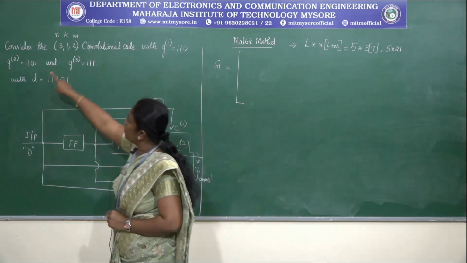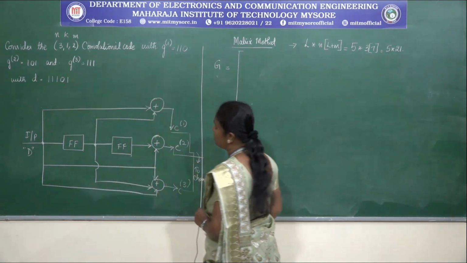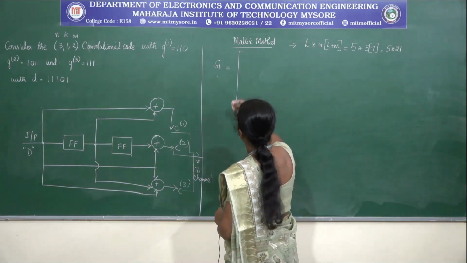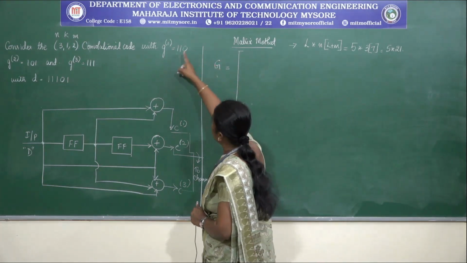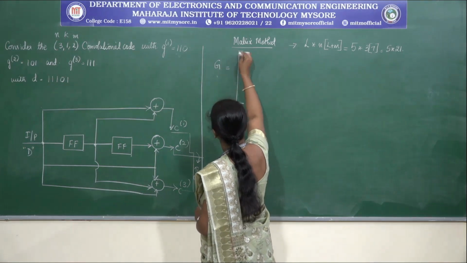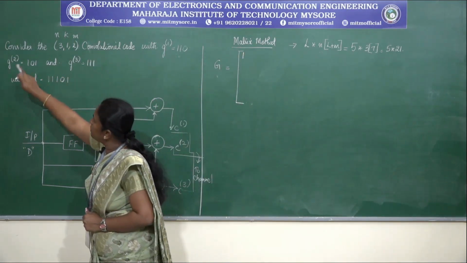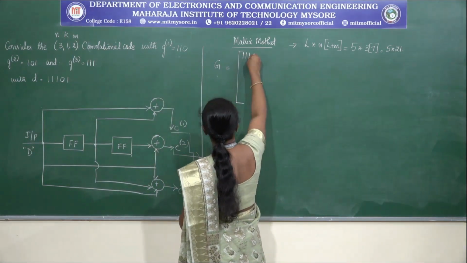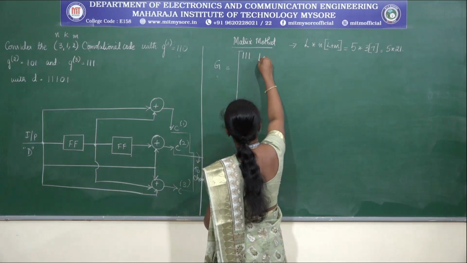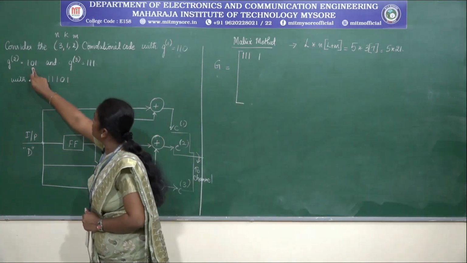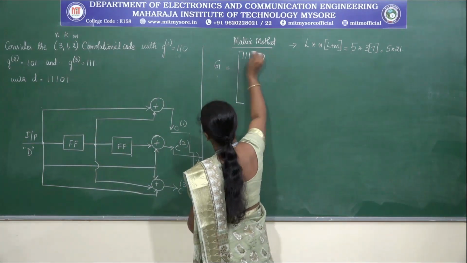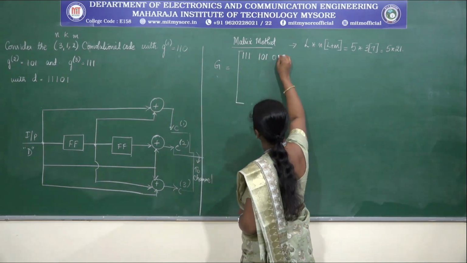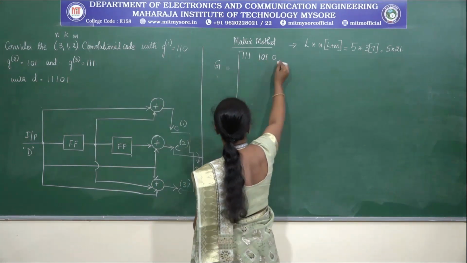So we need to consider all the 3 generator impulse responses here. If we consider these 3, we need to consider the first bit of G1, the second bit of G2 and the third bit of G3 next. So we have the next bit is 1, the second bit is 0, and from here it is 1, then the third bit is 0, 1 and 1.